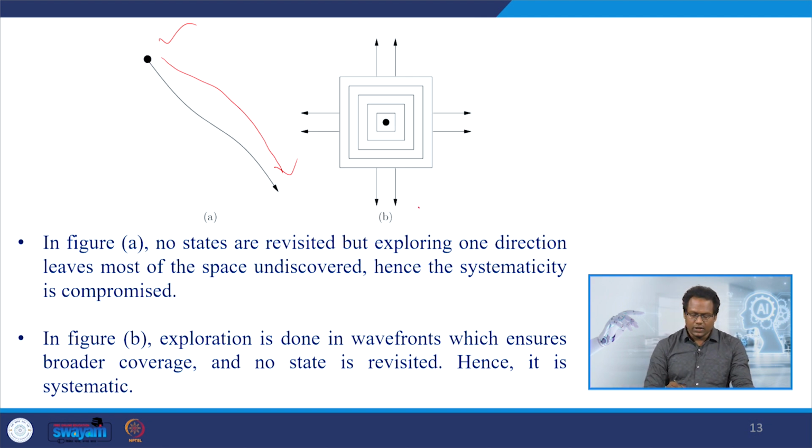Whereas in figure B we can see that from the initial state the search is happening in all directions through wave fronts, could be circular wavefront or square wavefront. It spreads so that in all directions the goal or the solution is searched from the initial state.